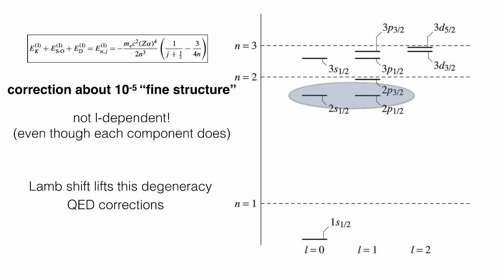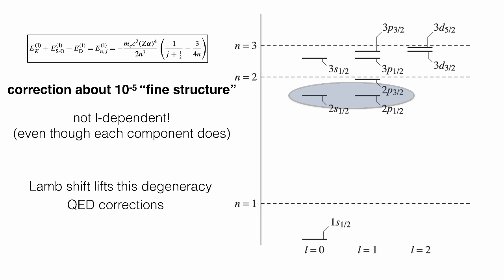There is an additional Lamb shift that is going to lift the additional degeneracy, the fact that the two different values of L would have different corrections. So the relativistic correction does not show a dependence on L, but the Lamb shift will actually take care of this correction.